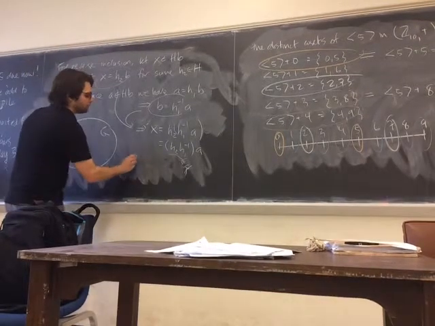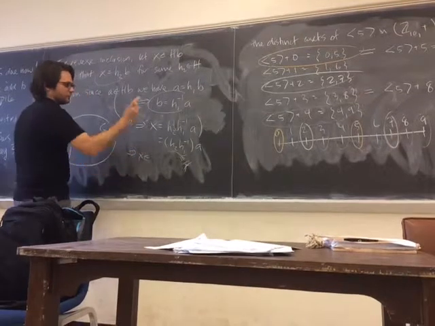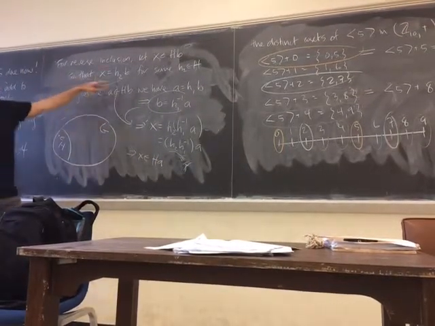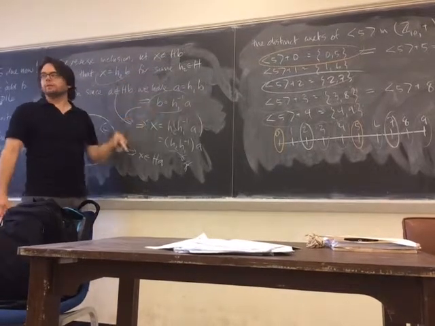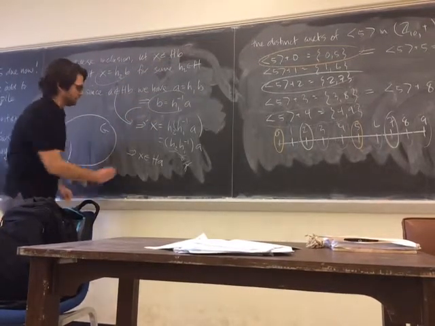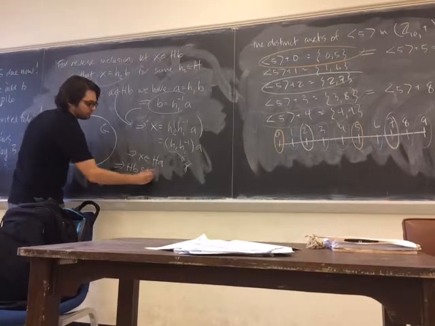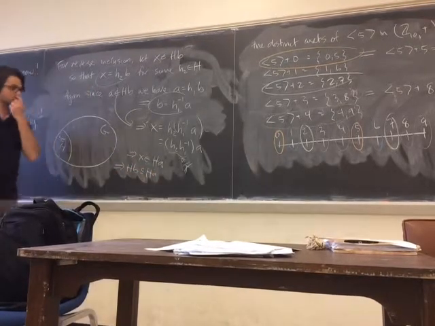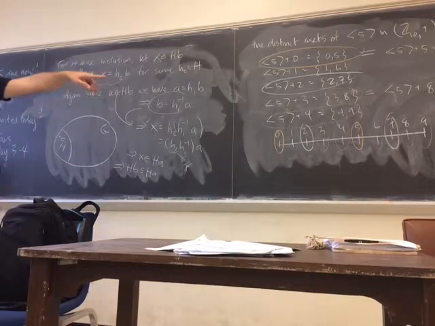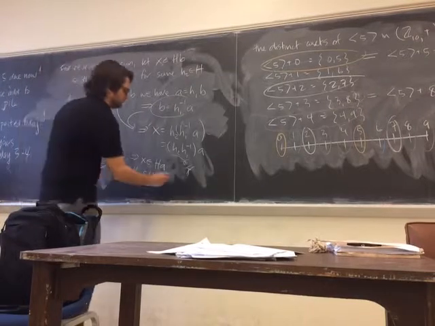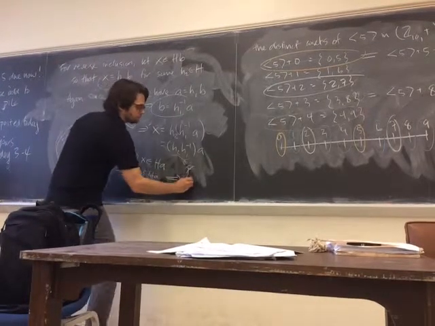So therefore, x is an element of HA. We took it to be an element of HB, and we showed that it actually lives in HA. This implies that HB is a subset of HA. And then, with the other inclusion there, we conclude that they're actually the same.